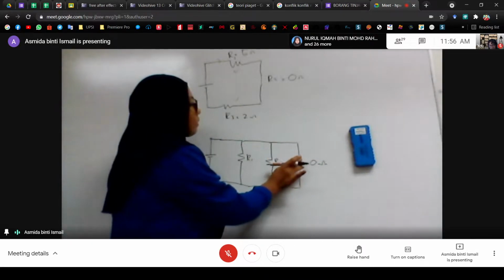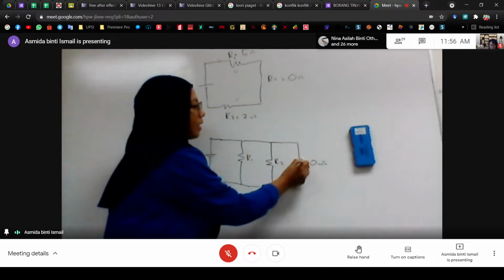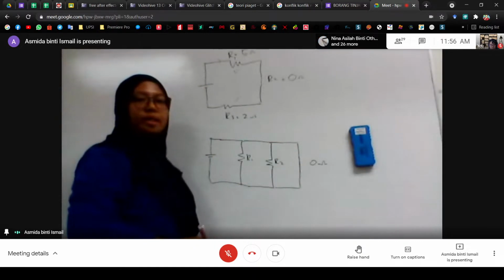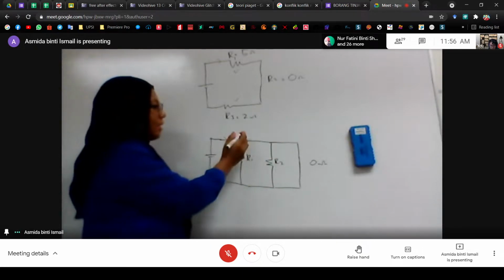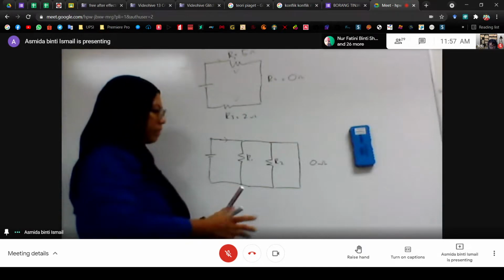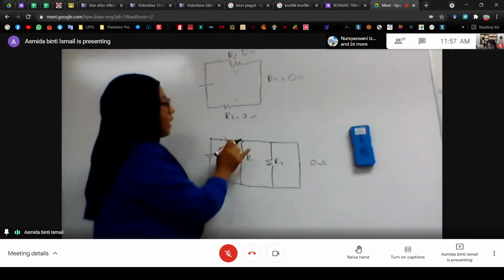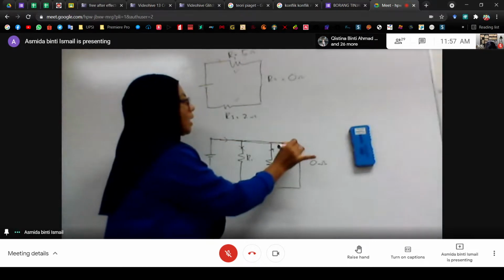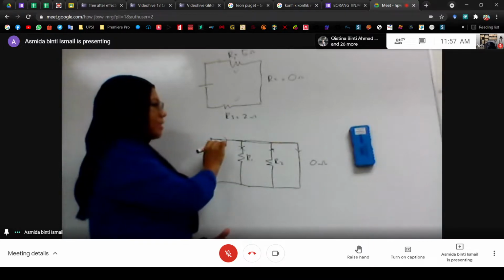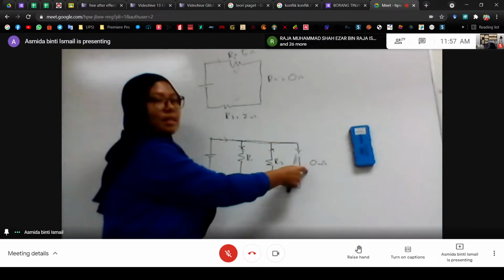If this is 0 ohm, saya cakap tadi, this is like you letak one wire. Okay. So, this current, kalau dilalu, you have current here. The current flow here, dia tak pergi sini, dia tak pergi sini. Dia terus pergi sini. This current flow through this.